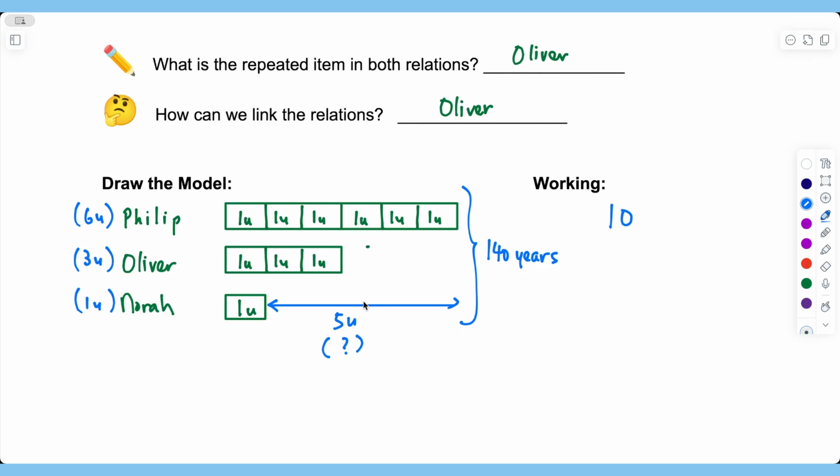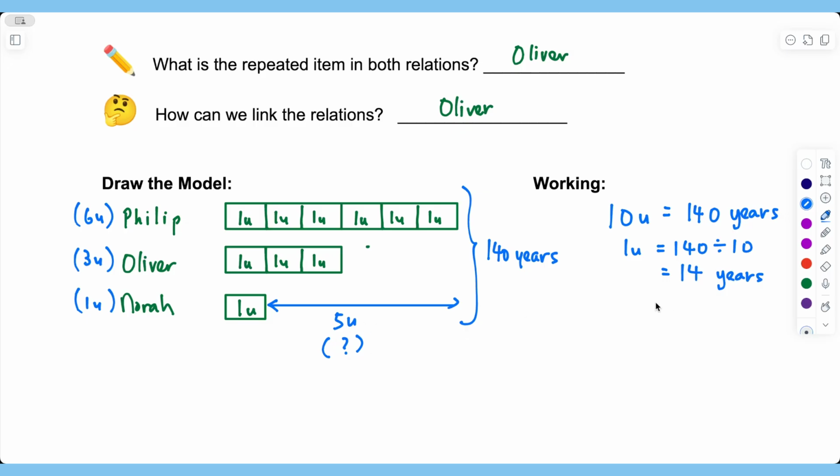So we counted that there are 10 units, and these 10 units is 140 years. So 1 unit will be 140 divided by 10. That will be 14 years.